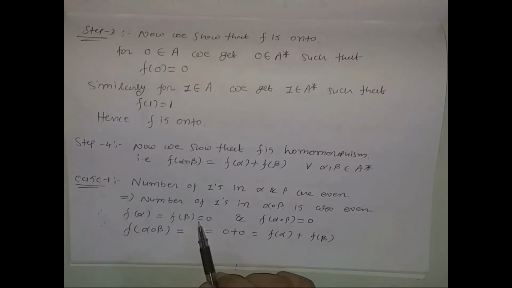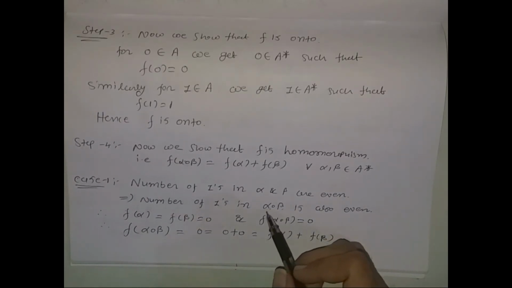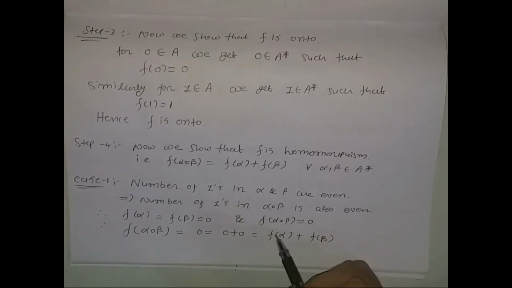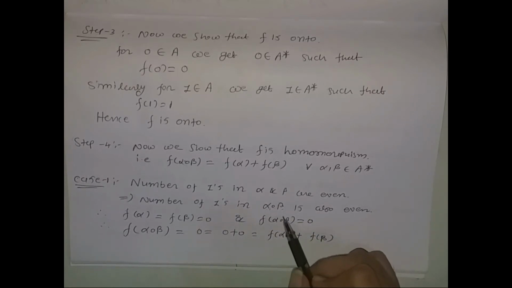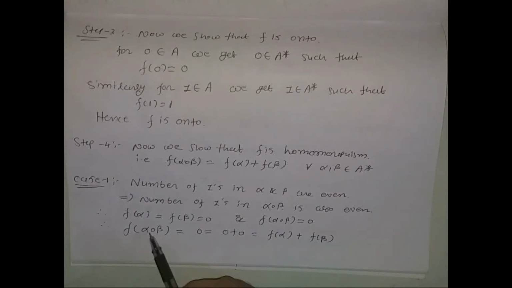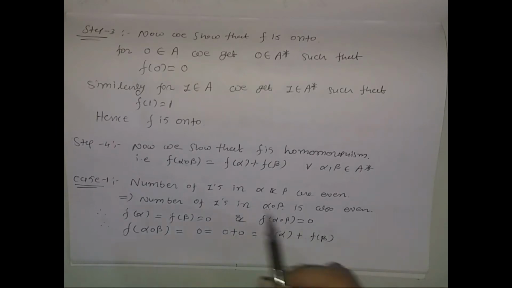Similarly, f of beta is equal to 0. Again, the number of ones in alpha catenation beta is also even, so f of alpha catenation beta is 0. So f of alpha catenation beta is equal to 0, which is 0 plus 0, which is equal to f of alpha plus f of beta.